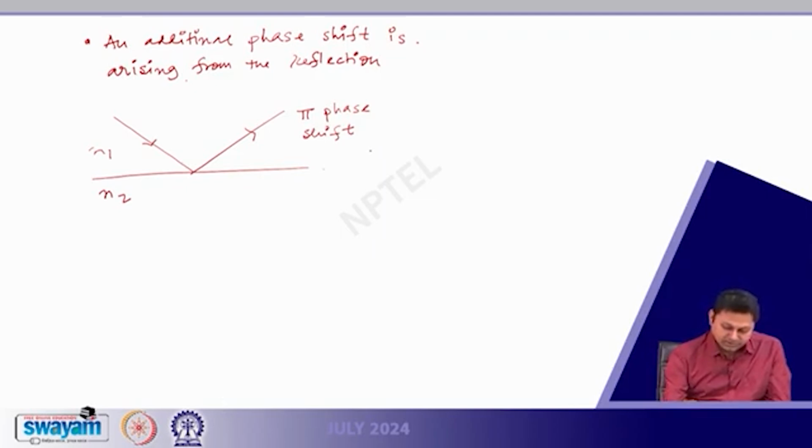So in this case N2 is greater than N1, and we are going to get a pi phase shift here, that we need to consider every time.